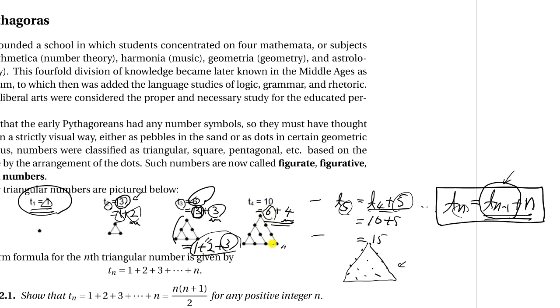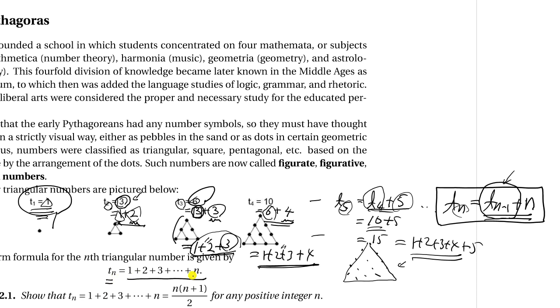So instead of 6, we can put 1 plus 2 plus 3 all together and add 4. And when we do T5, we need T4, which is that. So instead of 10, we can say 1 plus 2 plus 3 plus 4 plus 5. Now it's very clear, starting from 1, and 1 plus 2, 1 plus 2 plus 3, 4, 5. So altogether, we can figure out that Tn should be just the sum of the positive integers from 1 to n.